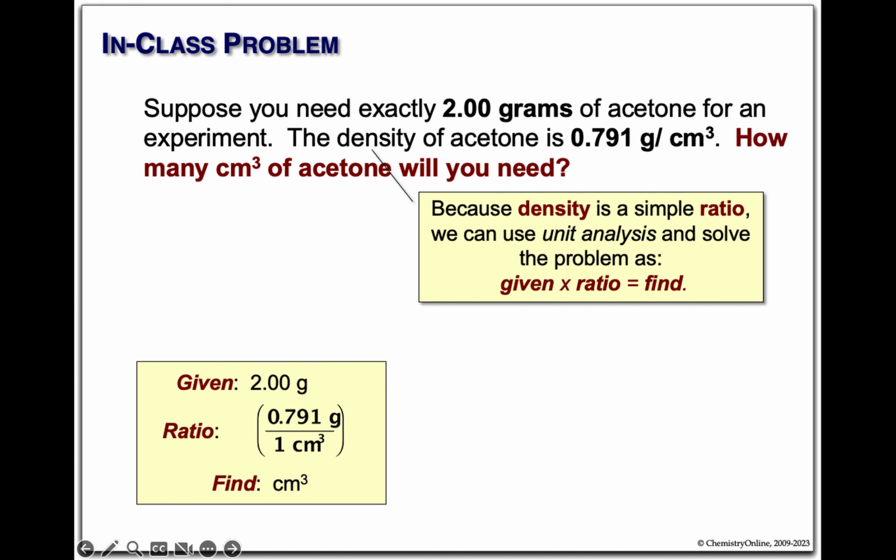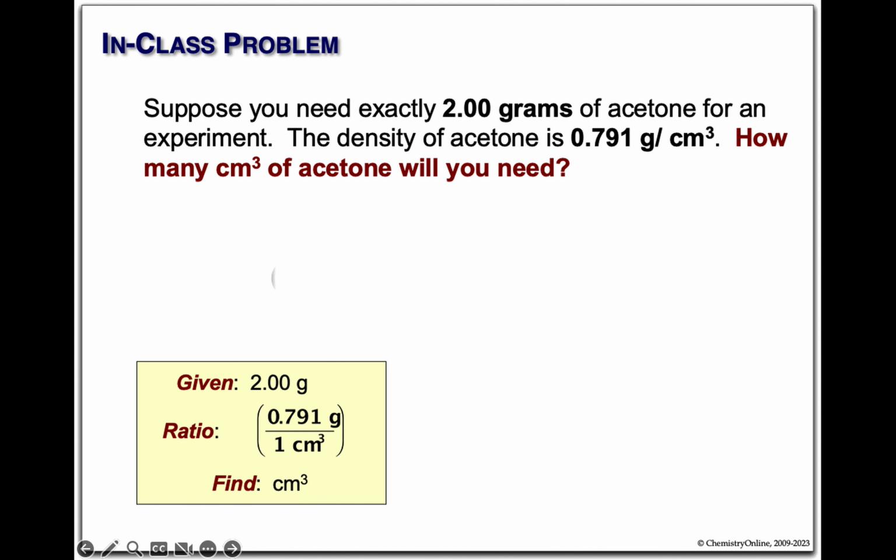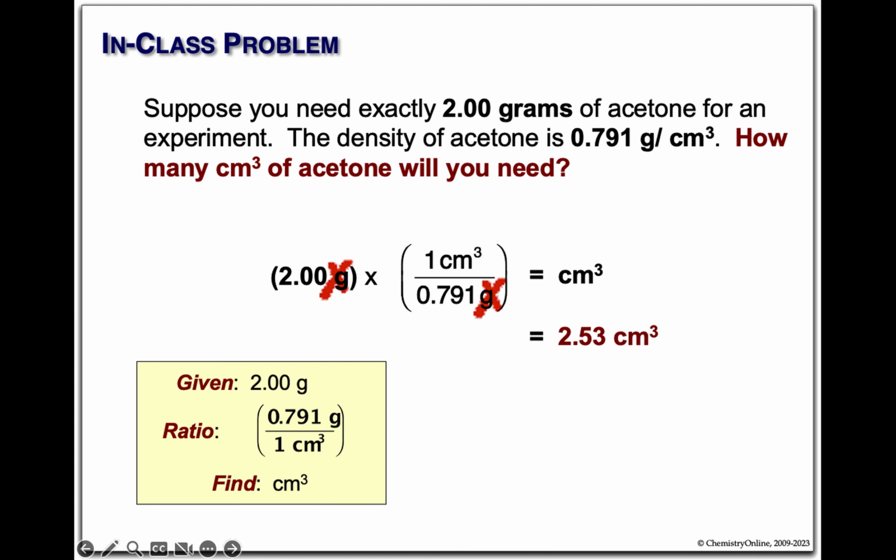We know we have to flip this ratio over to find cubic centimeters. Start with our given. Flip it over so grams are in the denominator. And simply multiply and divide. 2.5 cubic centimeters. Because it's a liquid, we would typically do 2.5 milliliters.